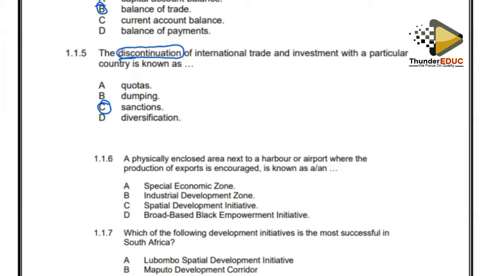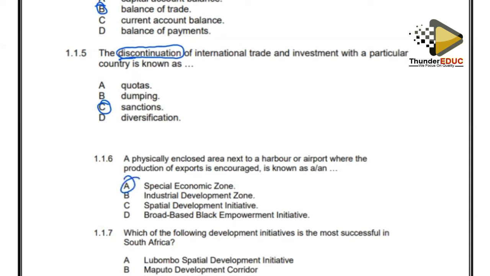Okay, right. So now let's move on to 1.1.6. 1.1.6 reads as follows. A physically enclosed area next to a harbor or airport where the production of exports is encouraged is known as a dash. So that is nothing but special economic zone.